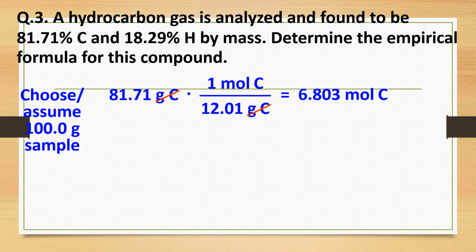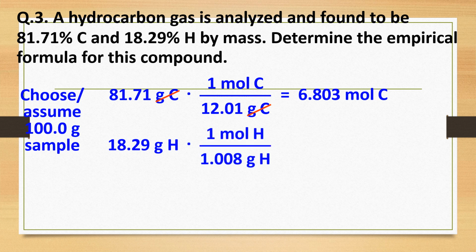And this is the reason why you cannot compare by weight, because by weight, it looks like carbon is such a big portion of this molecule. But remember, hydrogen has such small atomic mass, you're actually going to have way more moles of hydrogen than carbon.